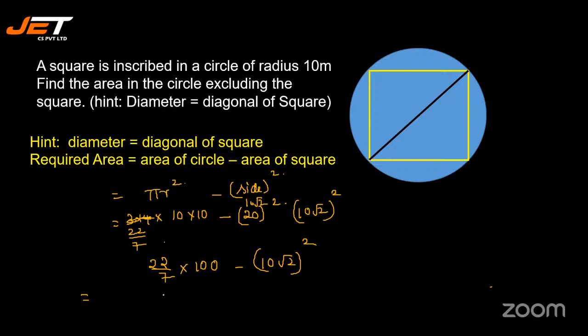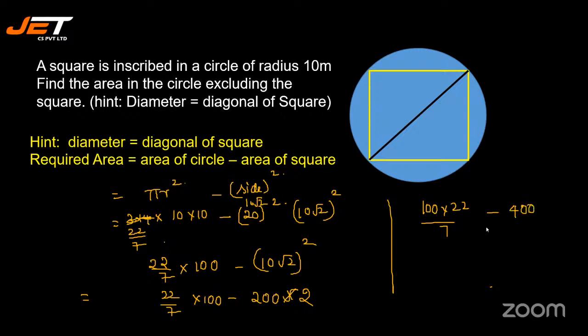Right? So 22 by 7 into 100 minus 200. So 100 into 22 by 7 minus 400.